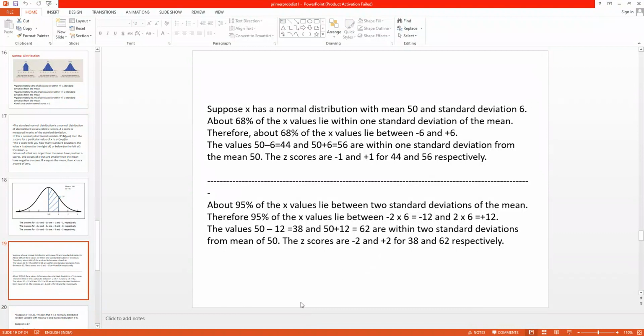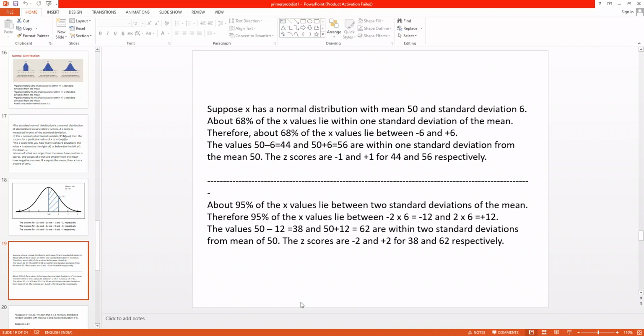So the values 50 minus 6, which is 44, and 50 plus 6, which is 56, are within one standard deviation, which is basically mu minus sigma and mu plus sigma. So the z-scores are minus 1 and plus 1 respectively for 44 and 56.